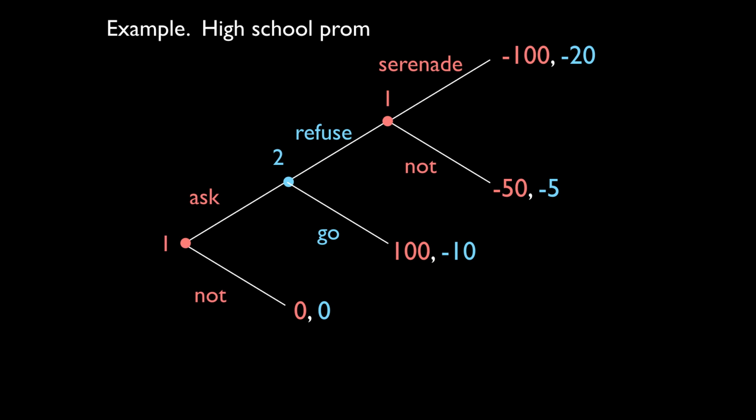So 1 can ask or not, 2 can either refuse or go, and then 1 does either serenade. This is going to be 0.